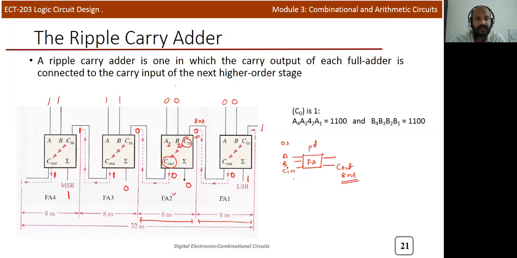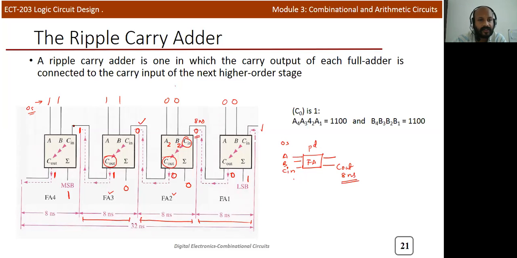Similarly, after this 16 nanoseconds, the C out will be ready. So this C out will be available to the input of the third full adder, that is FA3. Again after 8 nanoseconds, the C out of the third full adder is available. Assume that the fourth stage inputs are available at 0 time itself, but the C out of the third stage is available only after 16 plus 8, 24 nanoseconds.